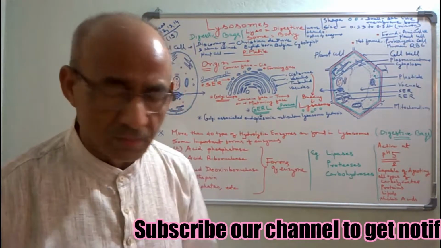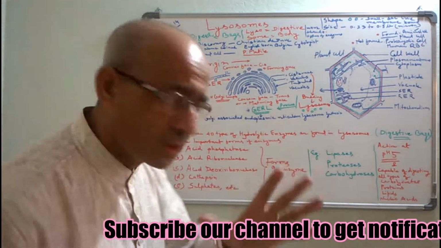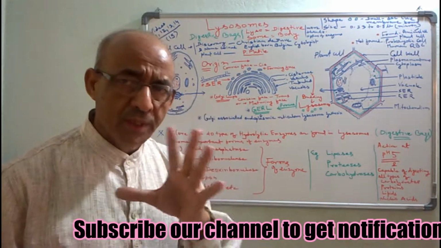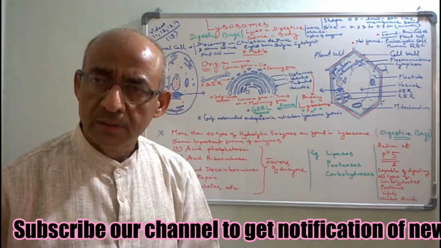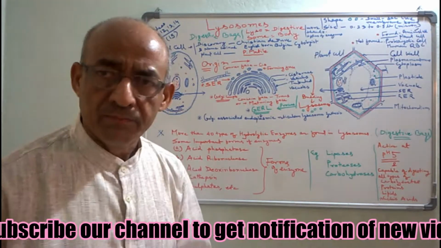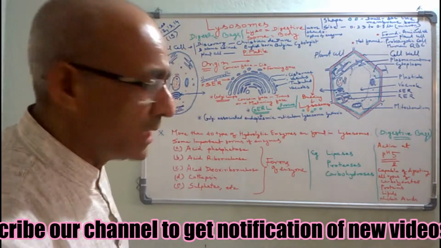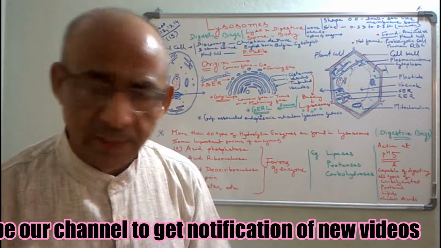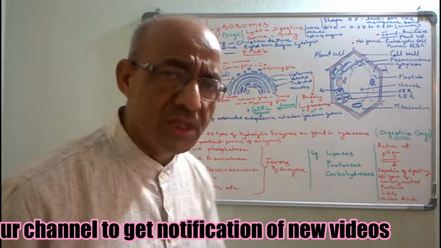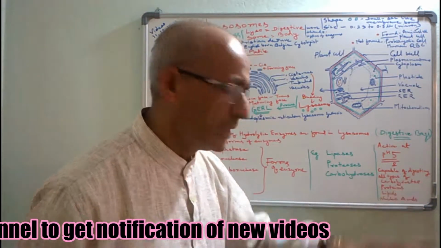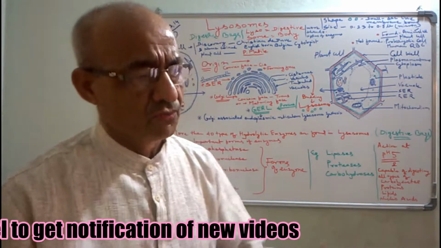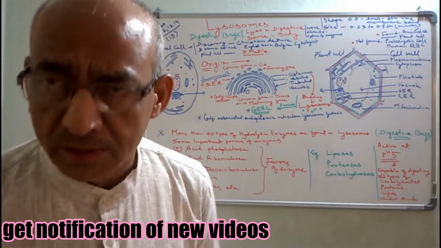Specifically, you should know they contain more than 40 types of hydrolytic enzymes inside them. And with the help of those enzymes, they are capable of digesting all types of carbohydrates, proteins, lipids, and nucleic acids which are found in the cytoplasm.